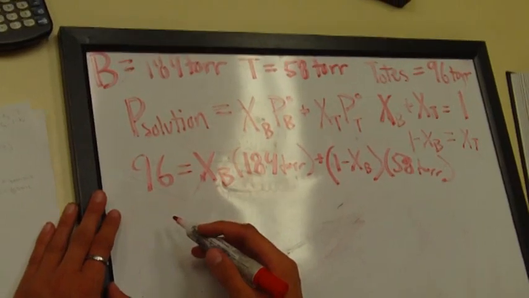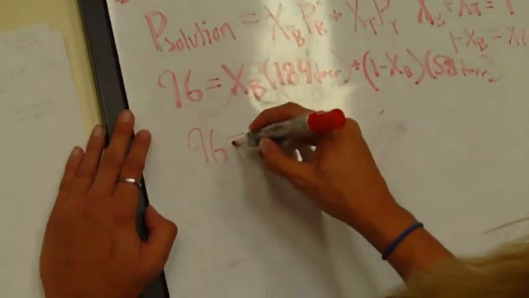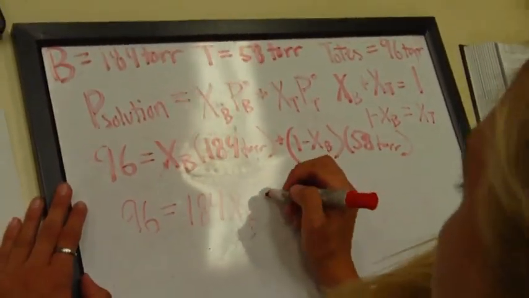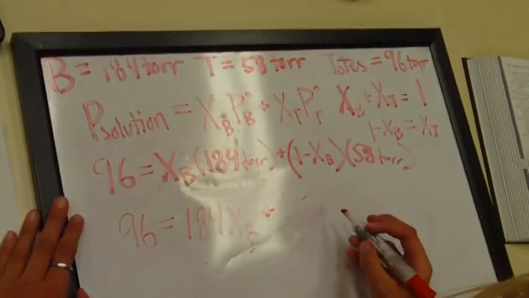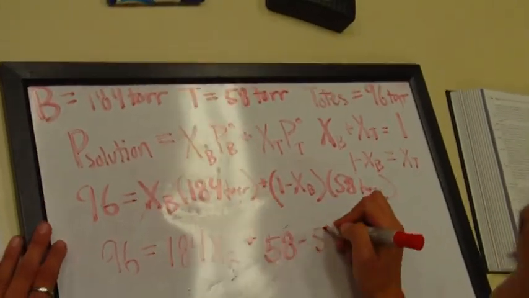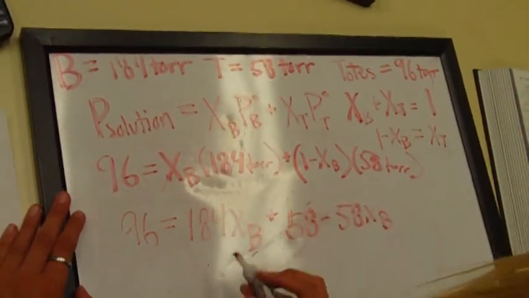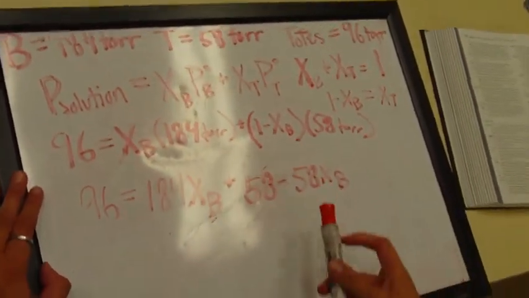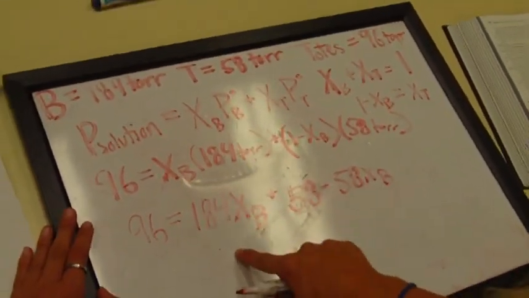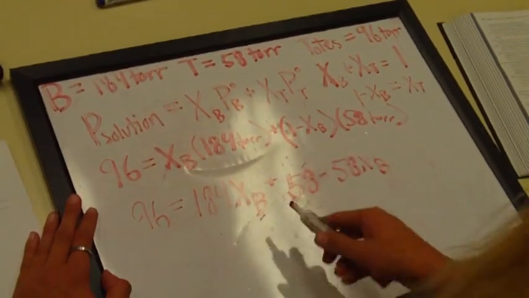We have 96 equals 184 X of B plus, and then factor that in there and you get 58 minus 58 X of B. Now, just using algebra, I'm going to combine these two terms since they're both terms of X, and then I'm going to take that from this side and from this side to eliminate it.